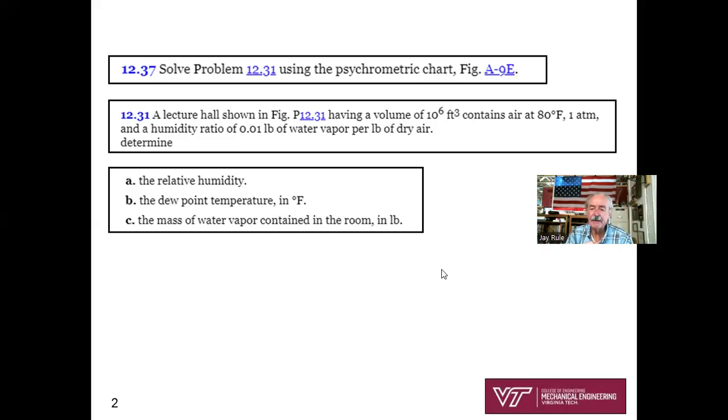It contains air at 80 degrees F, 1 atmosphere, and a humidity ratio of 0.01 pounds mass of water vapor per pound mass of dry air. And the assignment is determine the relative humidity, that's an easy question, the dew point temperature, and the mass of the water vapor contained in this big lecture hall. So let's go ahead and get started.